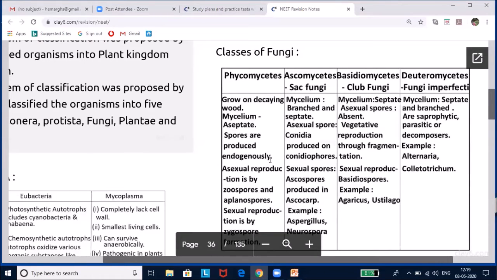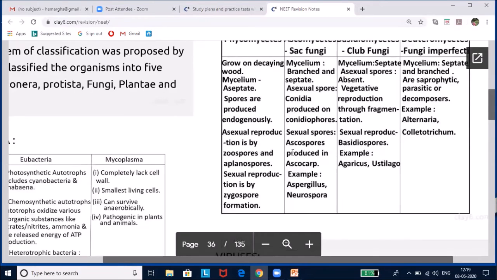When gametes are dissimilar, you call it anisogamy. Oogamy is another form of anisogamy, where the female gamete is significantly larger than the male gamete and is non-motile. Examples for Phycomycetes are Rhizopus and Albugo.